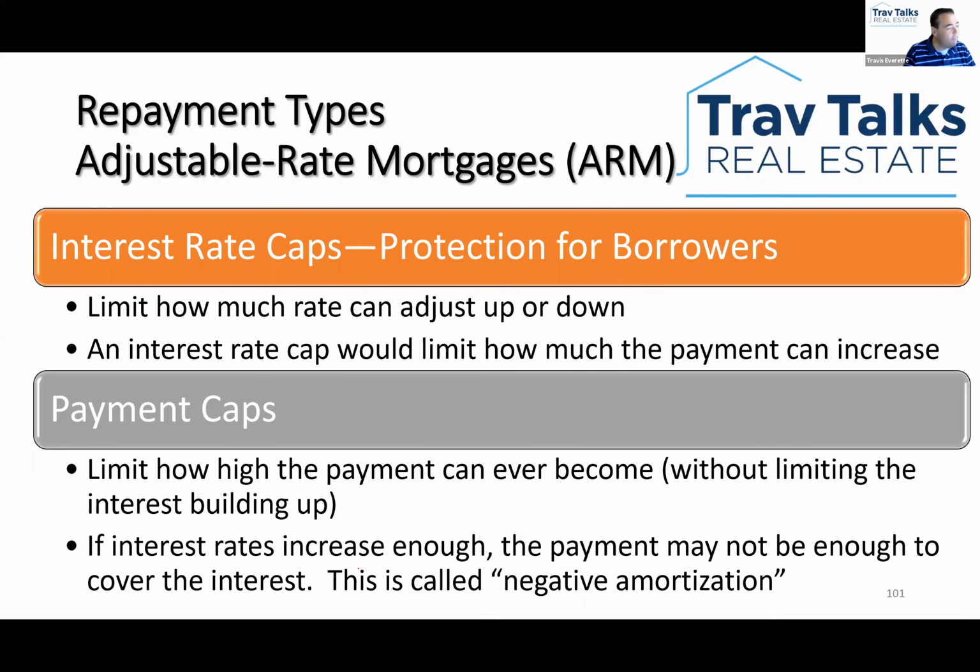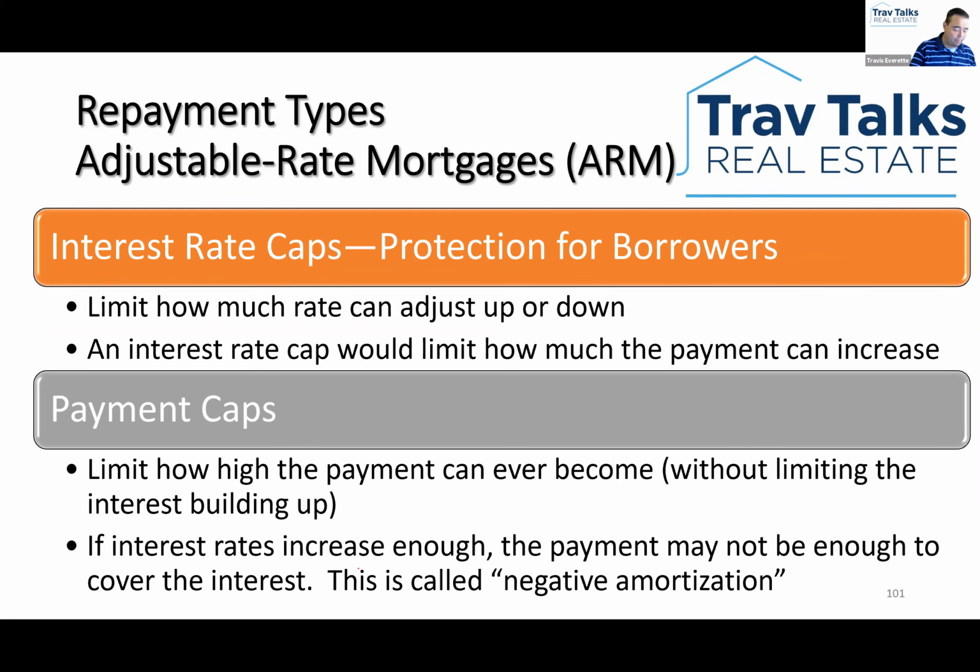There are often caps associated with the adjustments on adjustable rate loans. They can cap, for example, the interest rate. The interest rate cannot be more than this amount. This is the most the interest rate can be. A lot of times there'll be two different kinds of caps.